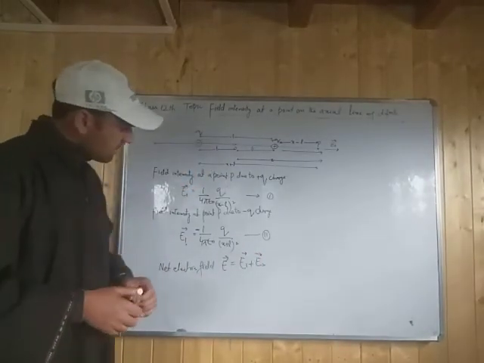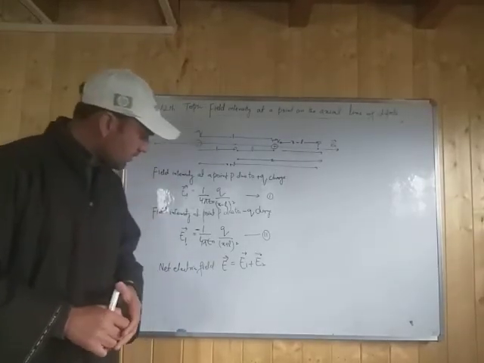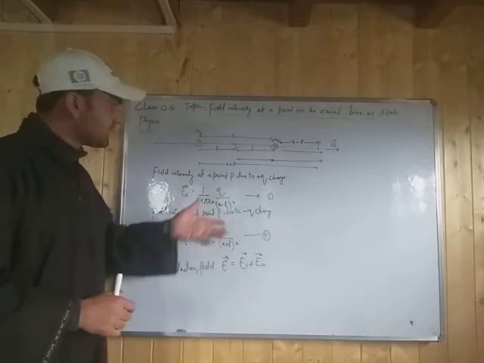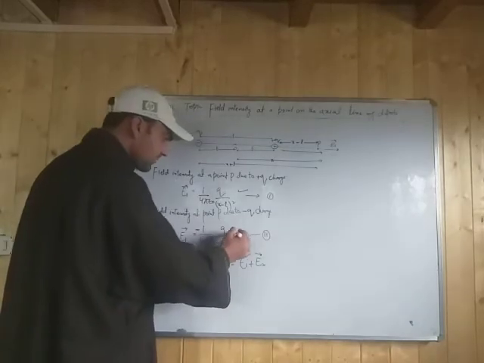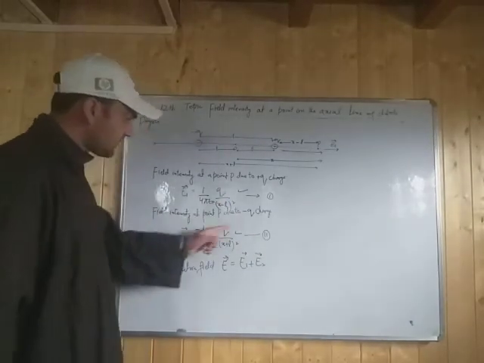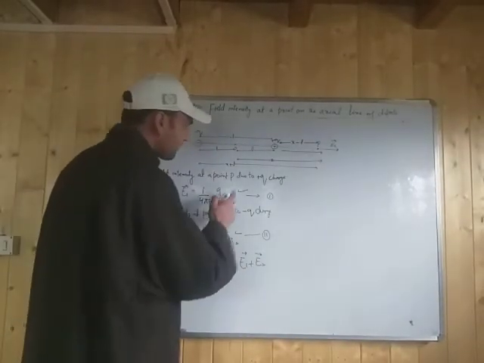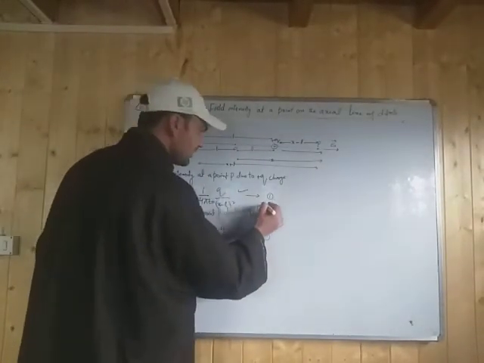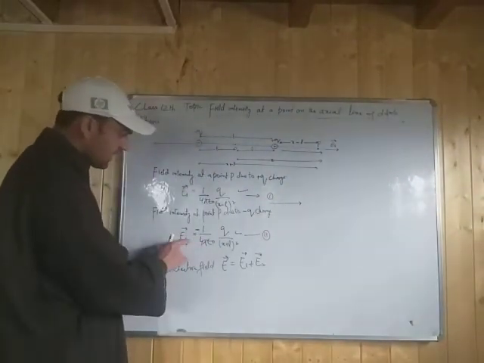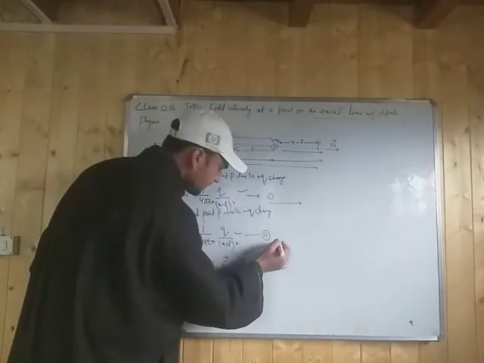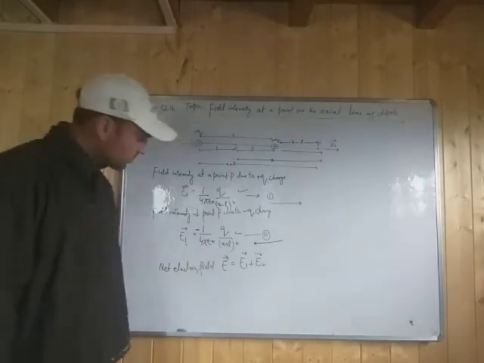Now, as far as the vector addition is concerned, we must subtract one from another, because this has the larger electric field and this has a smaller electric field. This is created by the positive charge and this is created by the negative charge. As you can see here, the direction of the electric field created by the positive charge is towards this, but the electric field created by the negative charge is towards this. So they are opposite to each other.